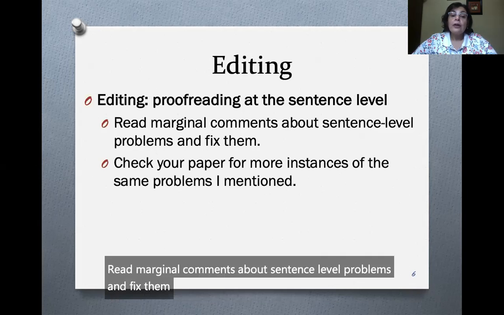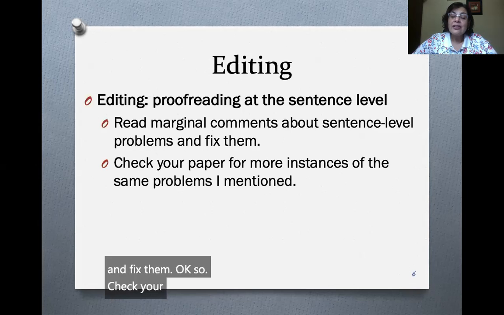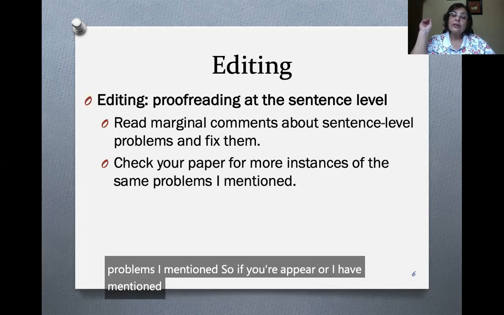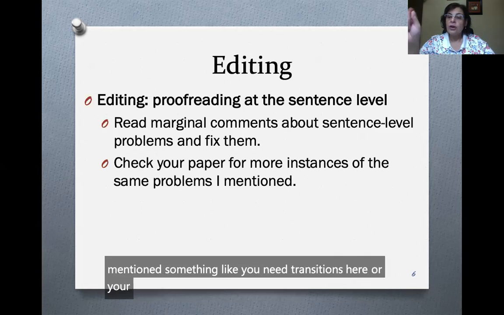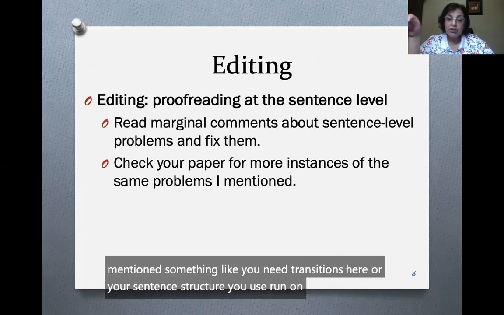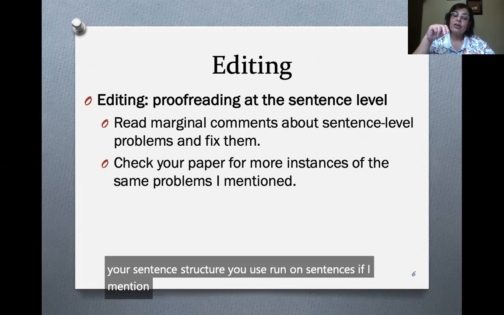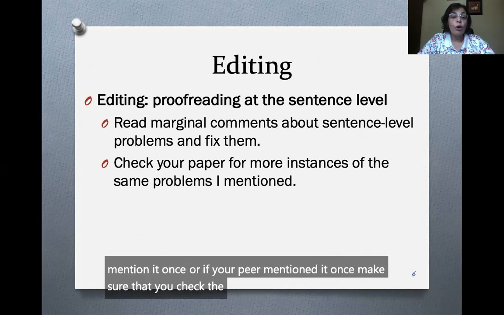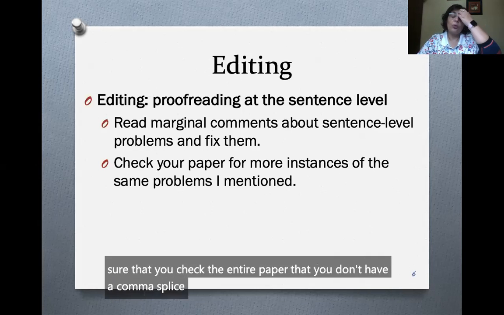So check your paper for more instances of the same problems I mentioned. If your peer or I have mentioned something like, you need transitions here, or you use run-on sentences, make sure that you check the entire paper that you don't have a comma splice or run-on sentence or verb tense problems.